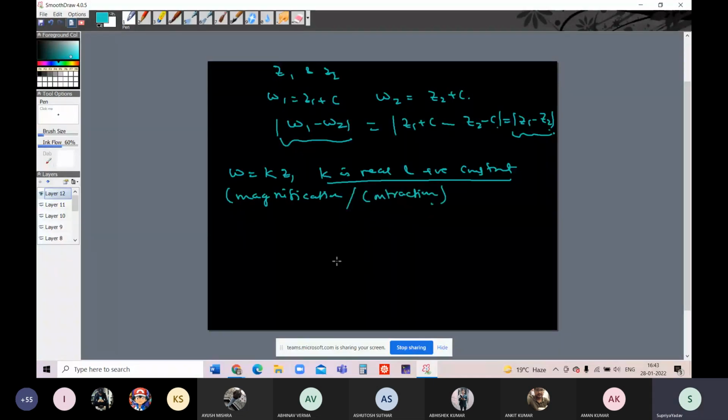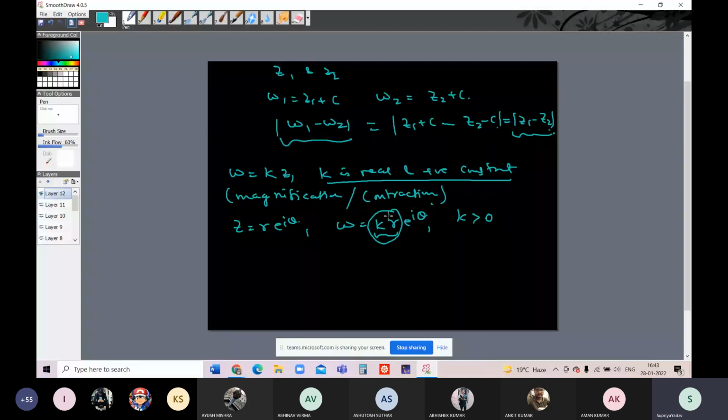For suppose that we are taking this z in polar form, r e^(i theta) के form में. So correspondingly, w will be k times z. It will be k r e^(i theta), where k is positive. So you can see here the difference is here.